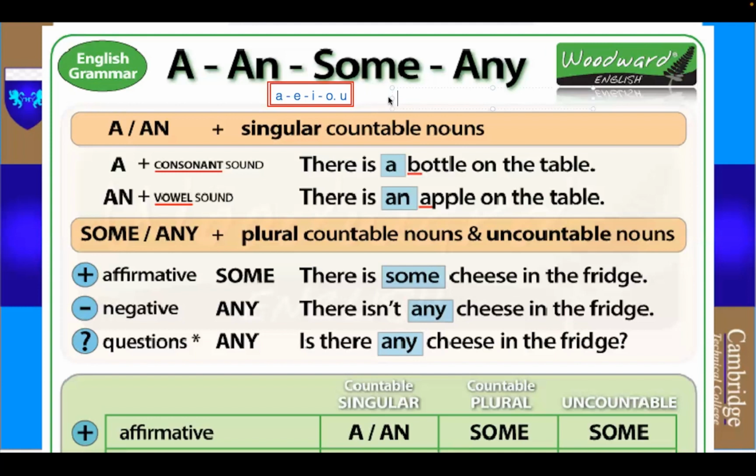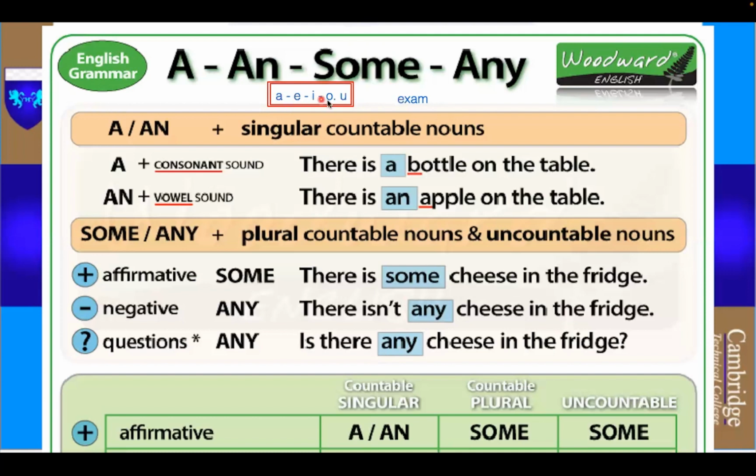We had an exam. Give me a word that starts with A, E, I, O, U. For example, E, exam. So we had an exam last week.